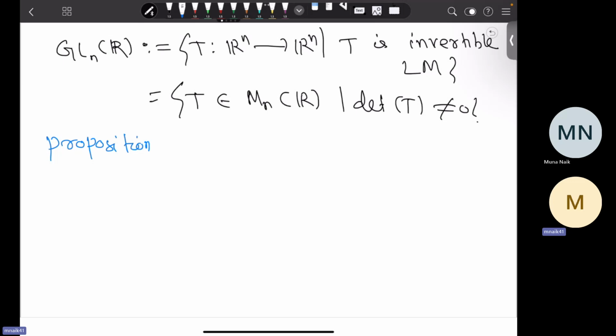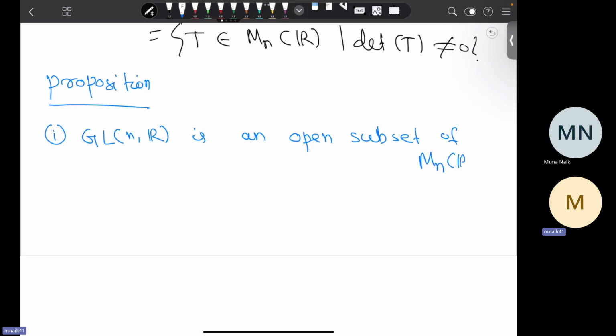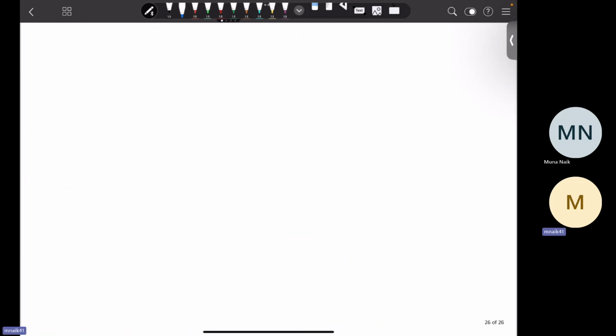First, GL_n(R) is an open subset of M_n(R). Second, the mapping A going to A inverse is continuous on GL_n(R). The proof is very simple.